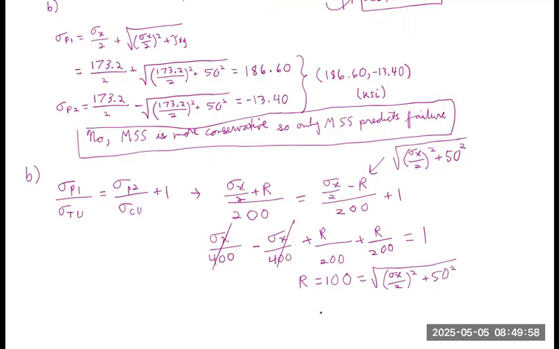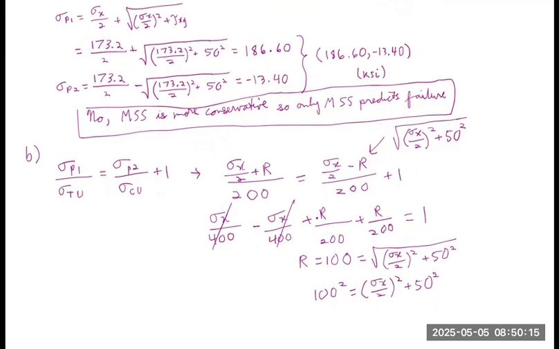Squaring both sides, we get that 100 squared is equal to sigma x over 2 squared plus 50 squared. Solving for sigma x, we get that sigma x is equal to 173.2 ksi.